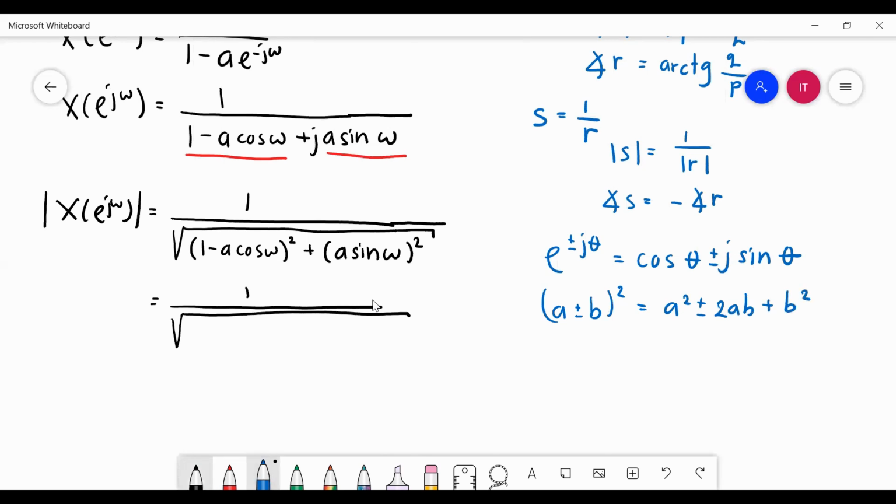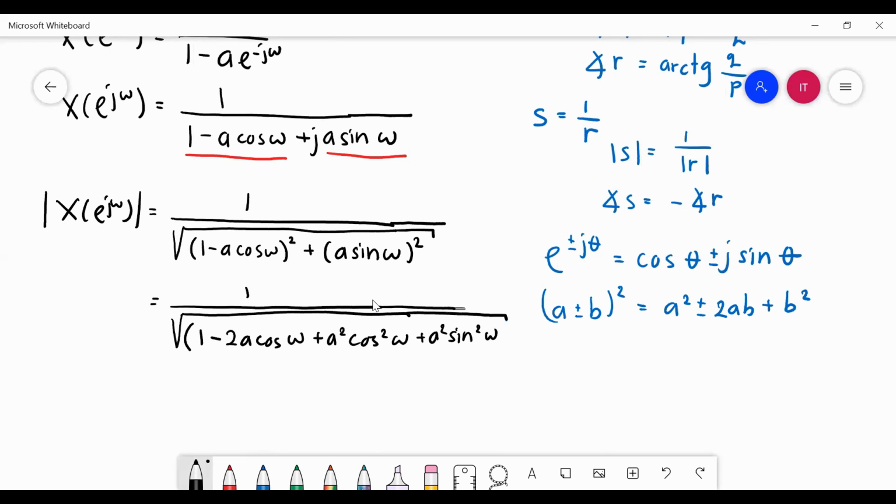So using this, we can change this equation into 1 minus 2a cos omega, and of course it goes until here.